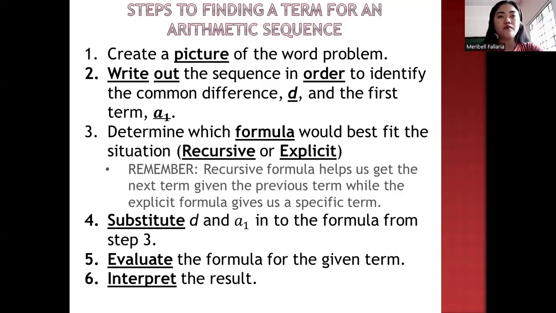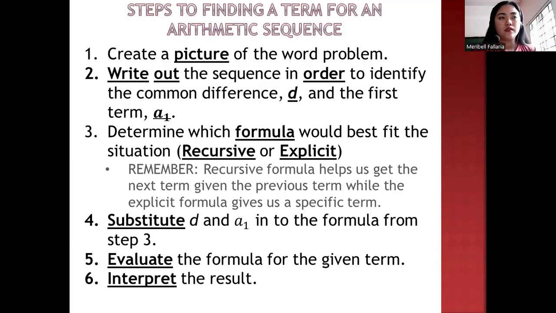We have formulas in arithmetic sequences: the formula for the nth term, and the sum of the terms, which is the arithmetic series. Number 4: substitute the values of b and a sub 1 into the formula from step 3. Number 5: evaluate the formula for the given term. Number 6: interpret that. You can kindly take a picture of these steps, and then we're going to proceed to our example.